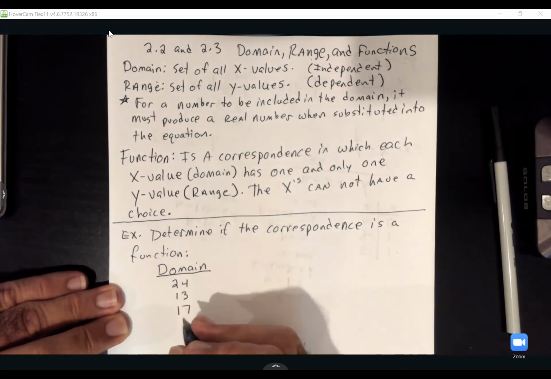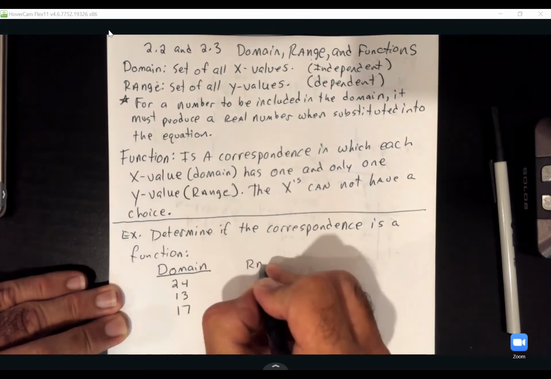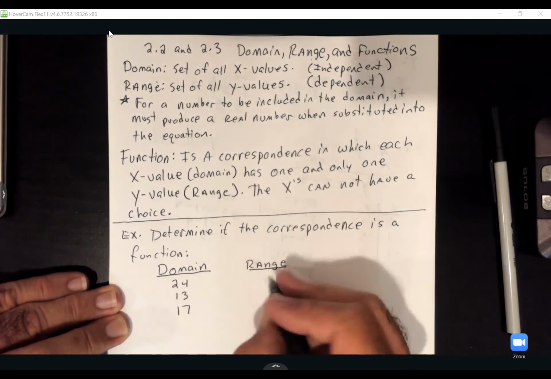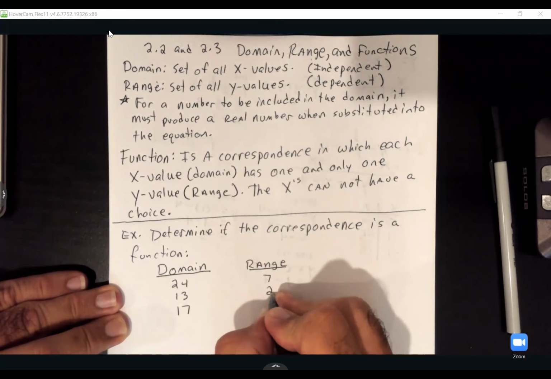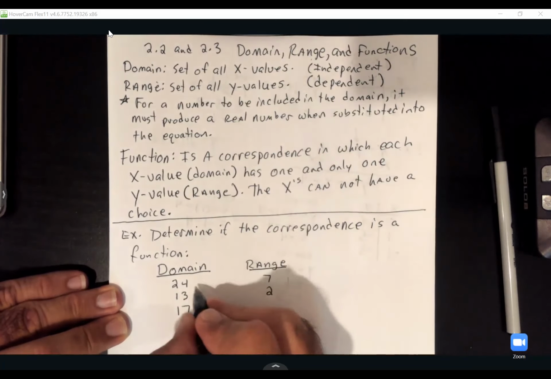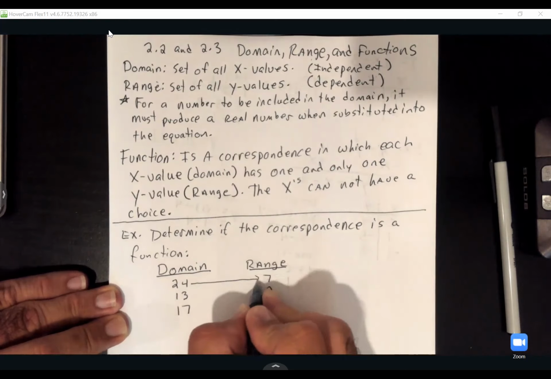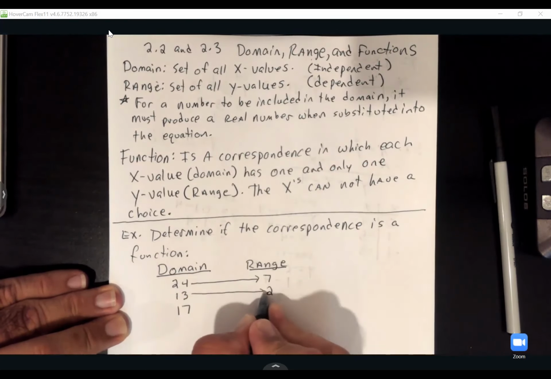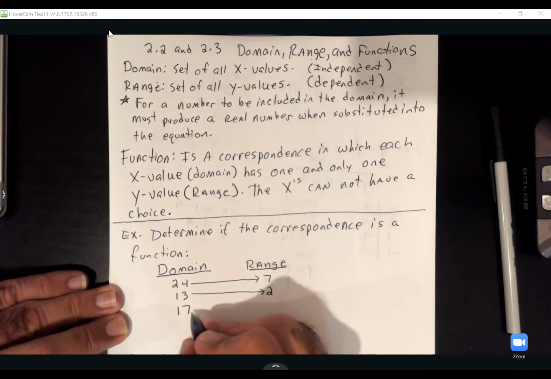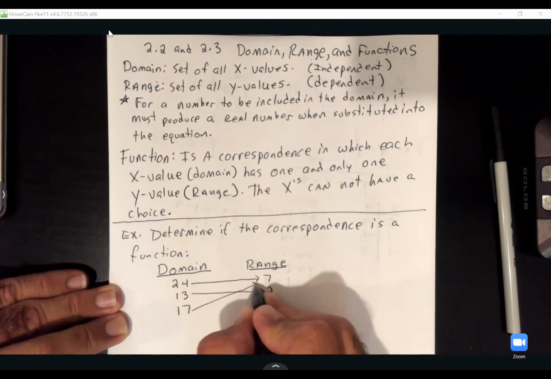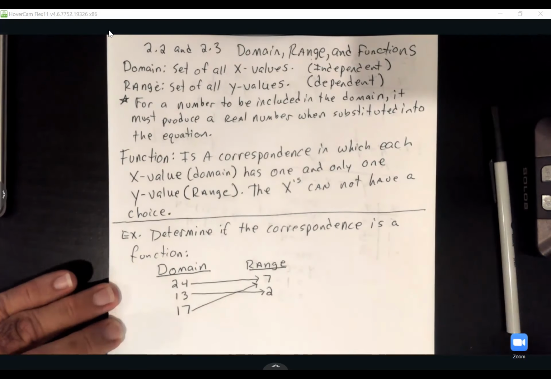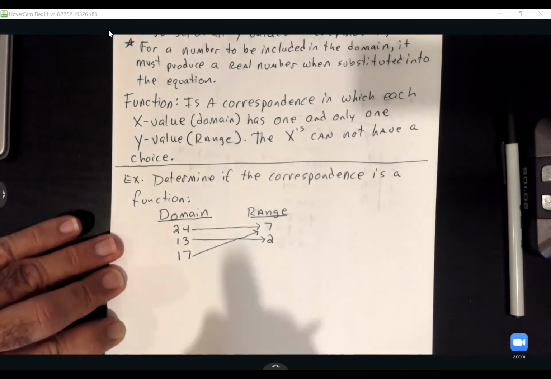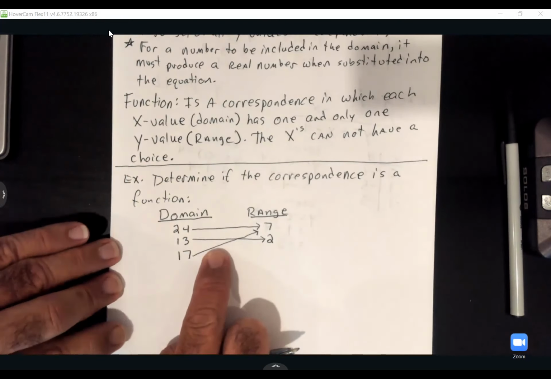Now over here is the range. And from a range, they got 7 and 2. So y'all, the 24 points to the 7. The 13 points to the 2. The 17 points to the 7. So the question of the day, is this a function?